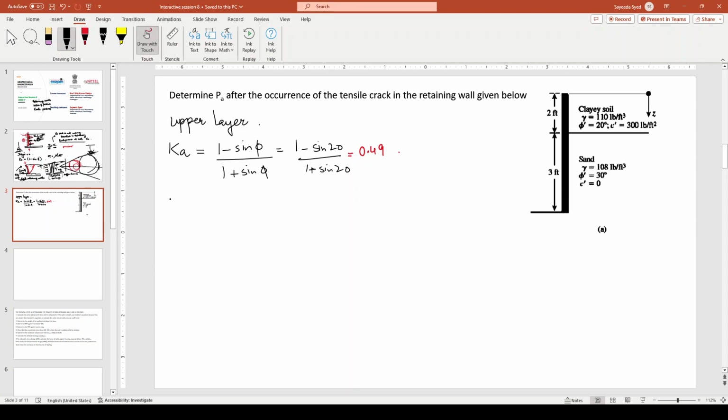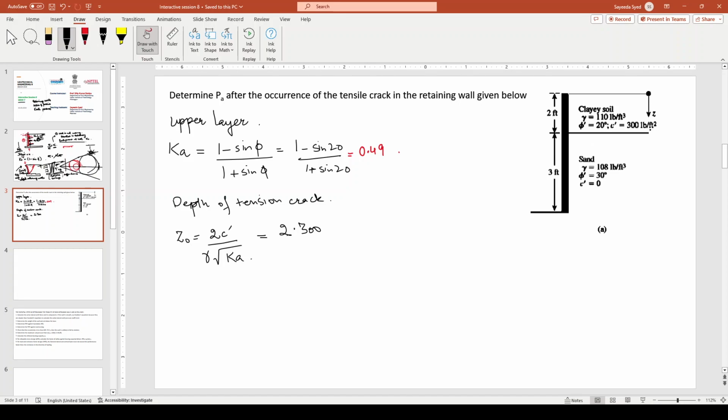So now let's calculate the depth of the tension crack. It is equivalent to 2c dash over gamma root Ka. It will be equivalent to 300.